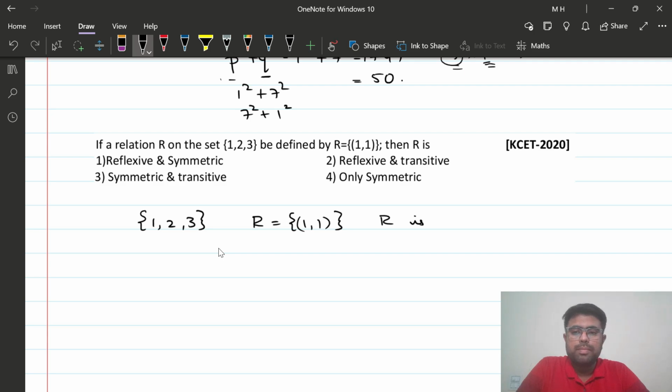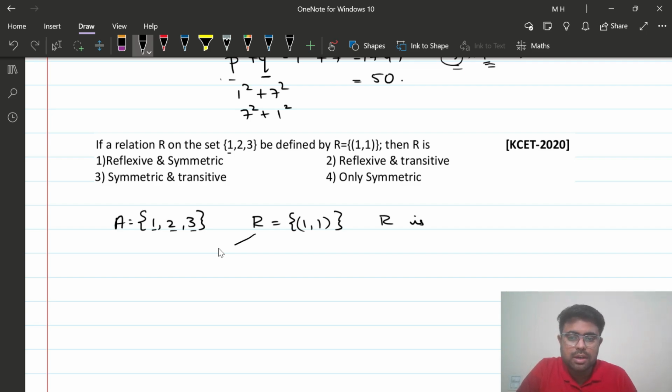Now, if you go back to the definitions of reflexive, symmetric, and transitive relations. What does the reflexive relation say? A relation is said to be reflexive if every element of A is related to itself. See here, in this case, the set A has three elements: one, two, three.